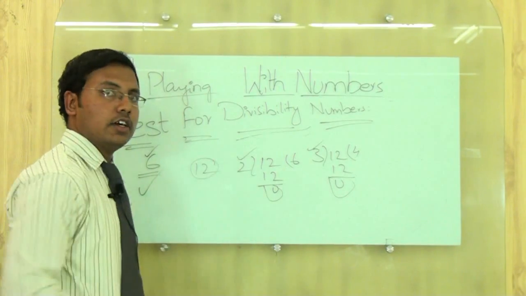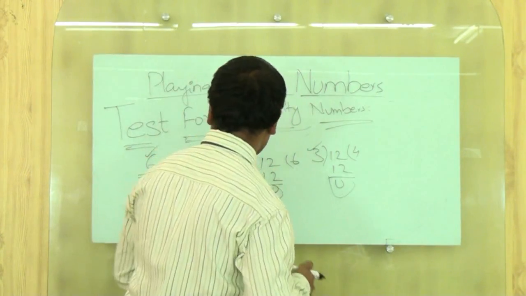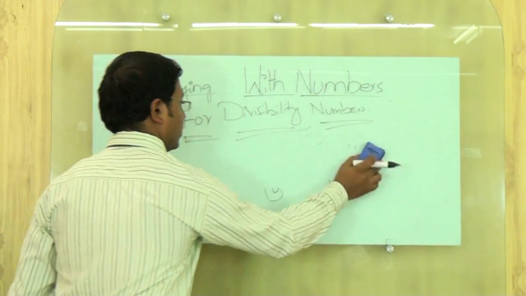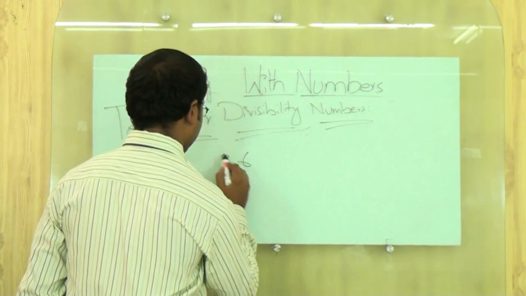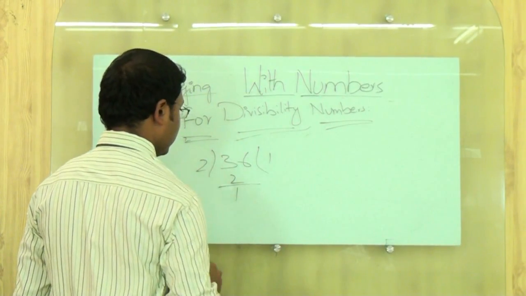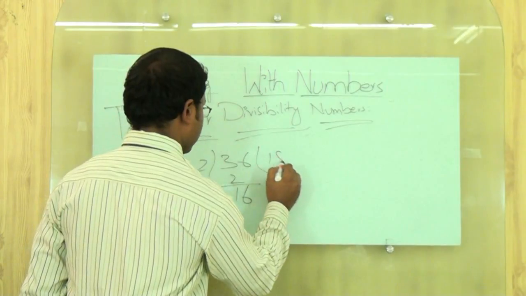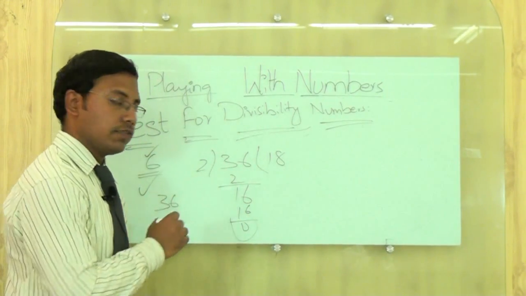Let us take another example, the number 36, and check whether 36 is divisible by 6 or not. 36 with 2: 2 ones are 2, 1 carry and 6, 2 eights are 16. The condition for 2 is satisfied here.